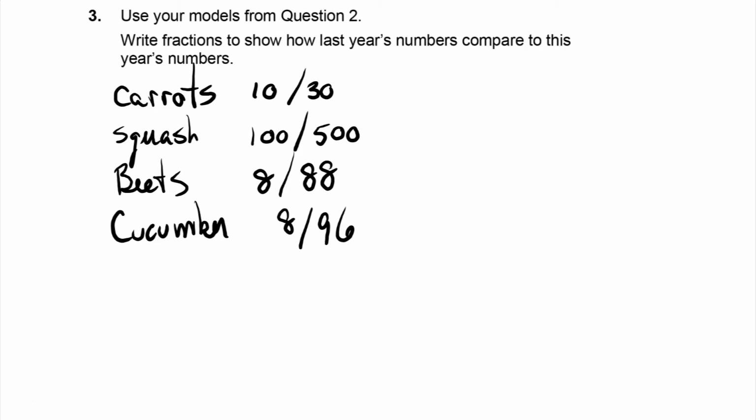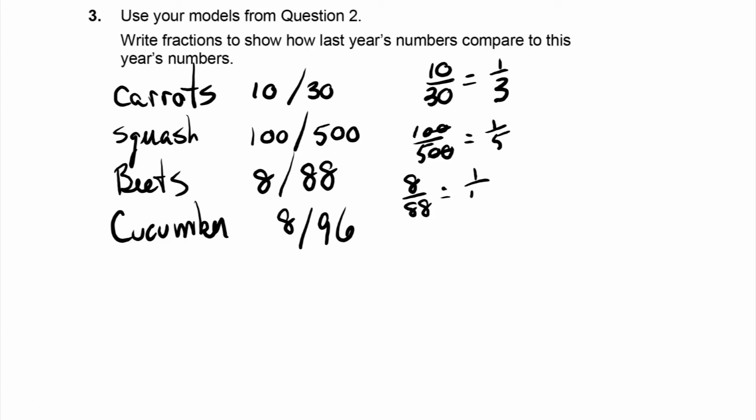So 10 divided by 30, which can also be simplified to 1/3. 100 over 500, can scratch off the zeros, and we end up with 1/5. 8 divided by 88 is 1 over 11. We're dividing both the top and the bottom by 8, which gives us the fraction of 1/11. And 8 divided by 96 is 1 over 12.